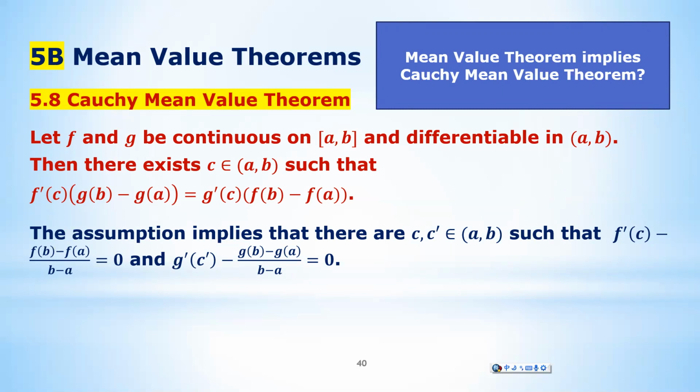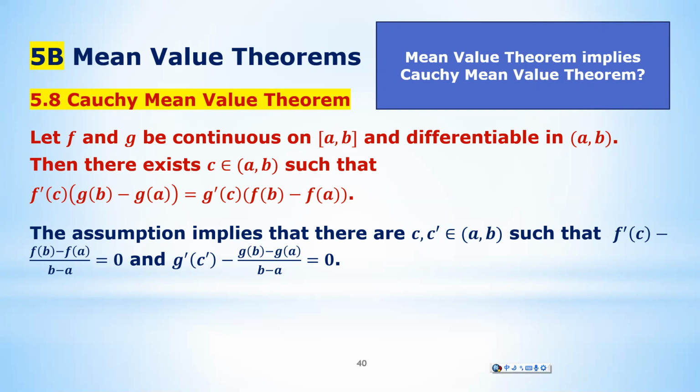Similarly, you can apply the same theorem to the function g and get the second equation, okay? But there may be two different c's. The mean value theorem does not specify the location of c, so you cannot tell. The only thing I know is that c is between a and b. So you probably have two different points, c and c prime, and this is the best you can say.